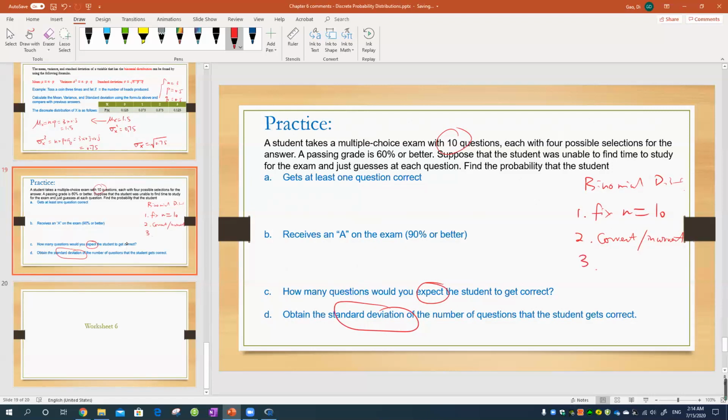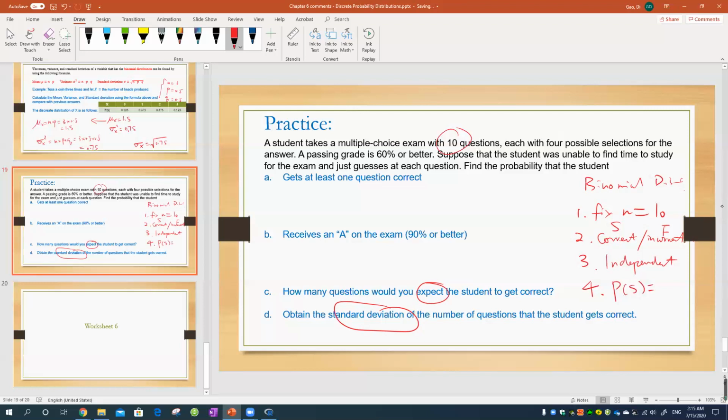So 2 possible outcomes. And then 3, this is the success, and this is the failure. The third one, independent. Yes. What result you got for one question does not affect the result you got for another question. So independent, check.